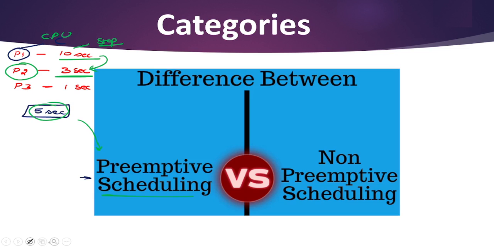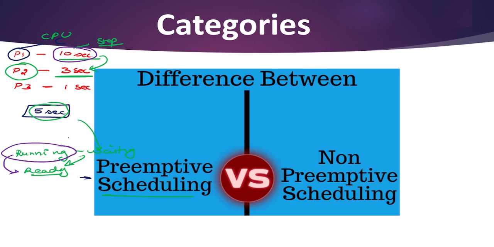During resource allocation here, the process switches from the running state to the ready state, or from the waiting state to the ready state. Overall, all I mean is that in this case, if processes are running, then we have to stop the processing and move that process to the ready state, or if our process is in the waiting state, we need to move it to the ready state.